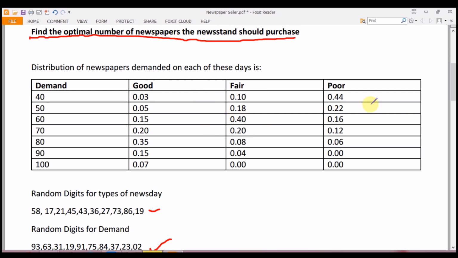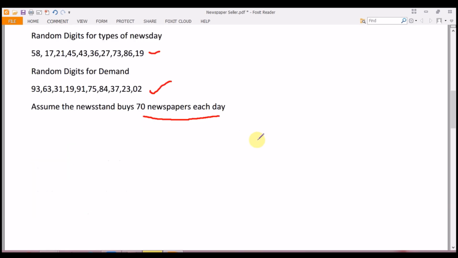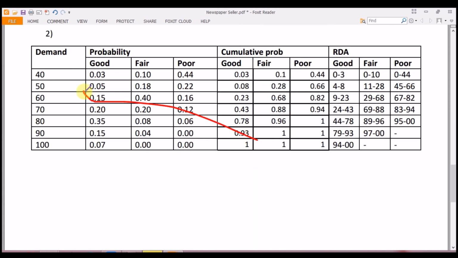So good, this and this is same. 0.08 is calculated by adding 0.05 and 0.03, right? 0.23 is calculated by adding 0.15 and 0.08. Do that for this. Similarly for fair, 0.1 is same as this. Then 0.28 is got by adding 0.18 plus 0.1. Then similarly you calculate for all the fair column and poor.